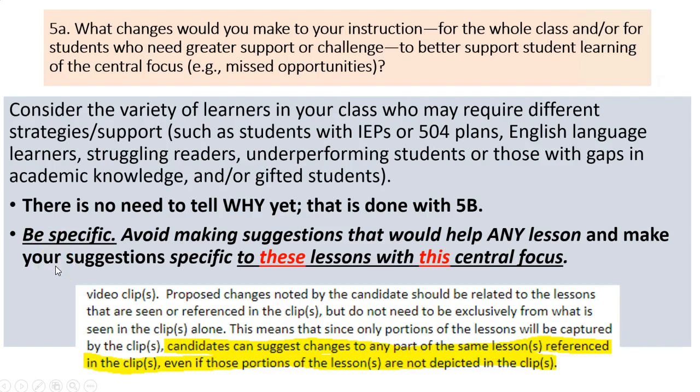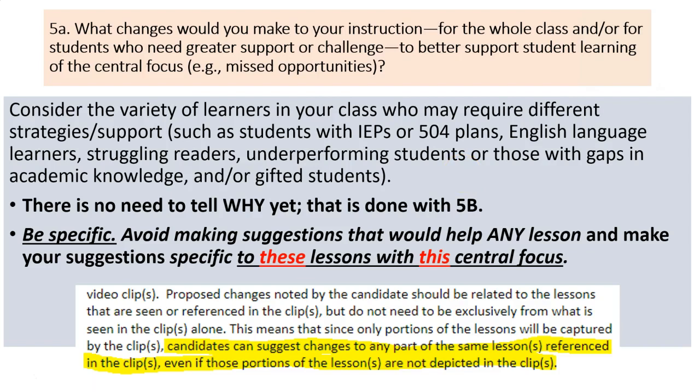What changes would you make to your instruction for the whole class and/or for students who need greater support or challenge to better support student learning of the central focus, as in missed opportunities? Now, when you answer this question, it's important that you consider the variety of learners in your class.